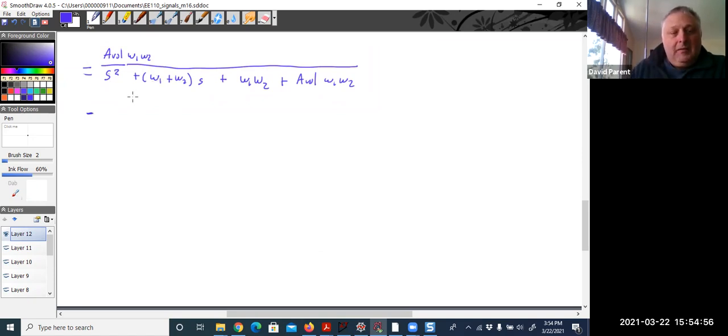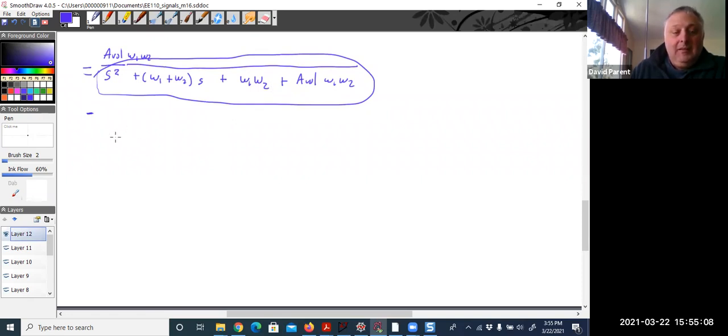So think about it. If we're going to find over, under, and critically damped, all we need to do is look at the denominator, right? And the quadratic equation is minus b plus or minus the square root of b squared minus 4ac, over 2a. That'll give us the two roots where the denominator is 0.